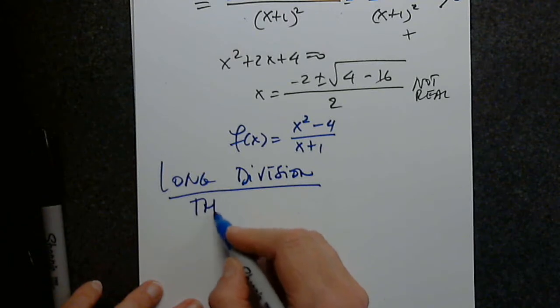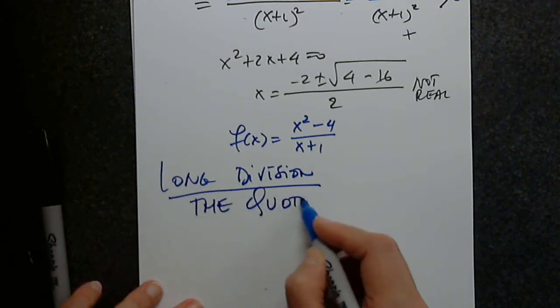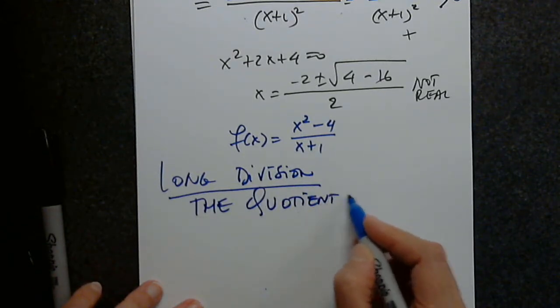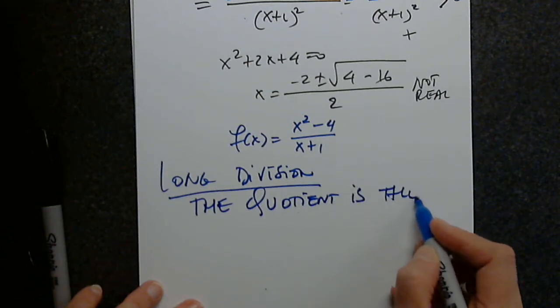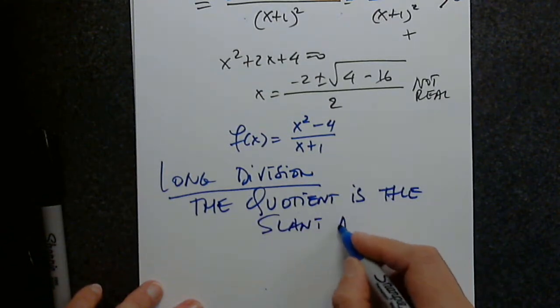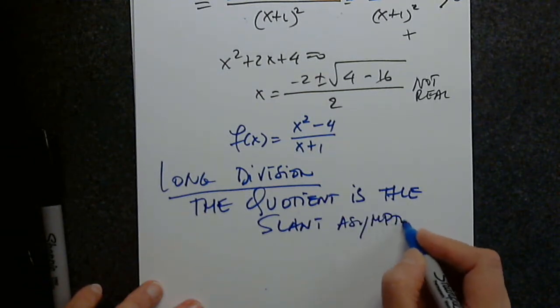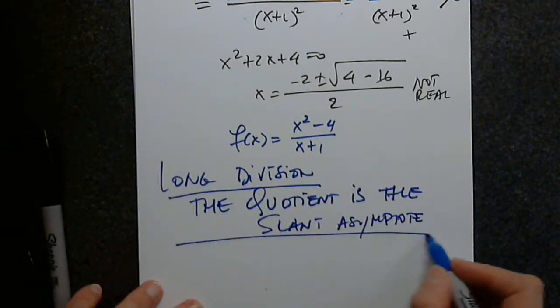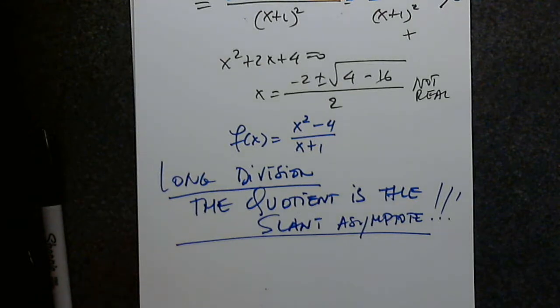The quotient is the slant asymptote, and you'll understand in a minute why. Only the quotient. There will be a remainder, and I'll ask you to tell me why only the quotient is the slant asymptote.